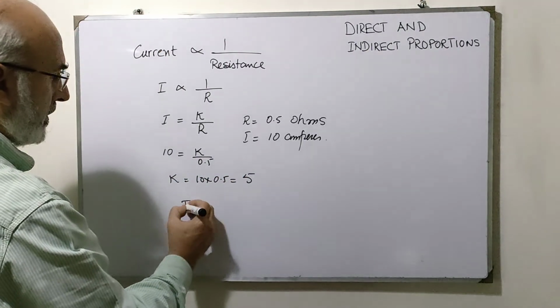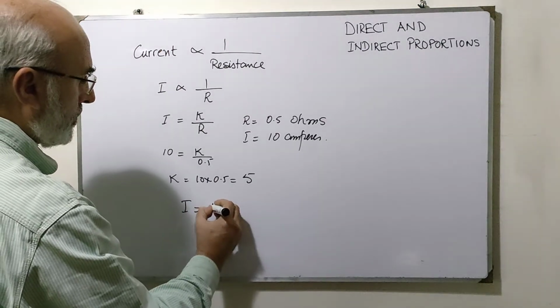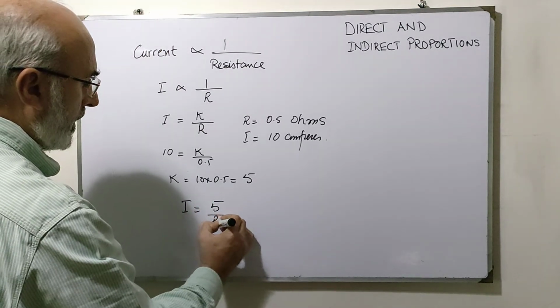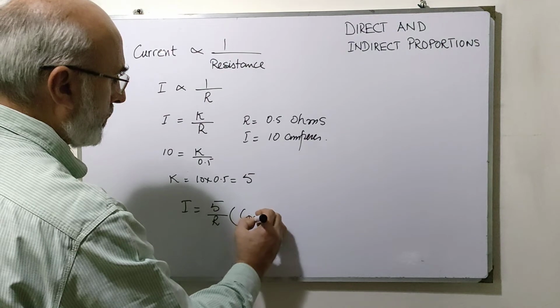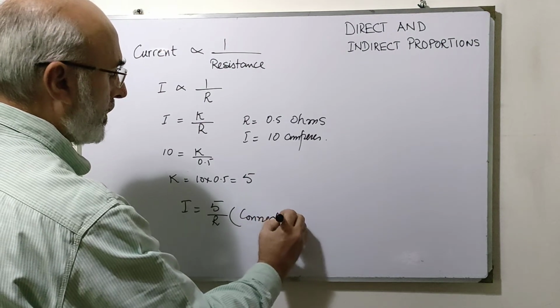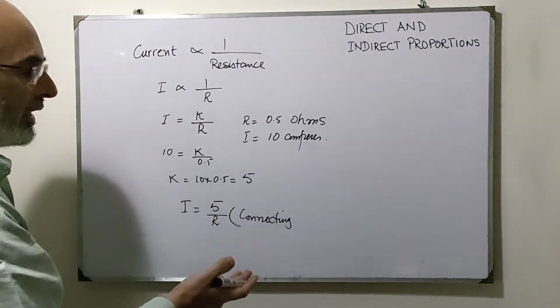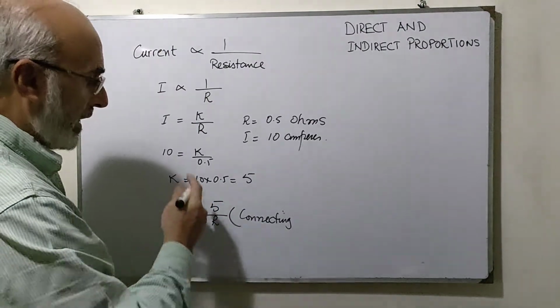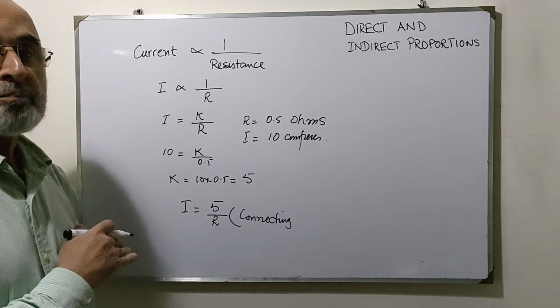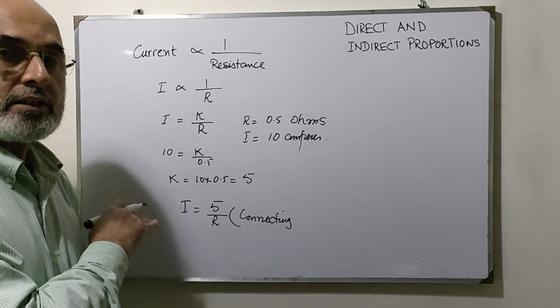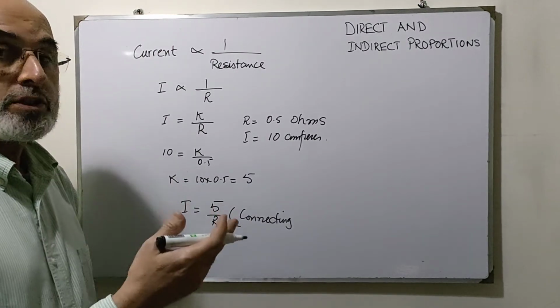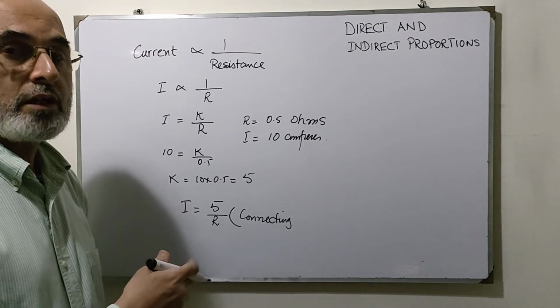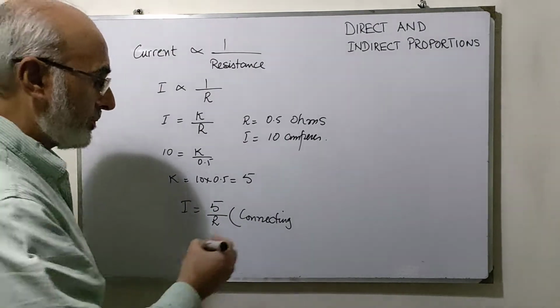So our connecting equation is I equals 5 over R. This connecting equation connects I with R, with a constant equal to 5. This 5 determines the relationship between the current and the resistance, which I'll explain after drawing the graph.